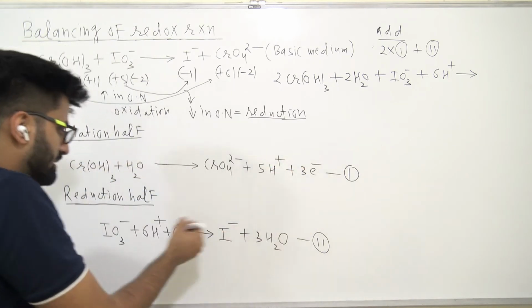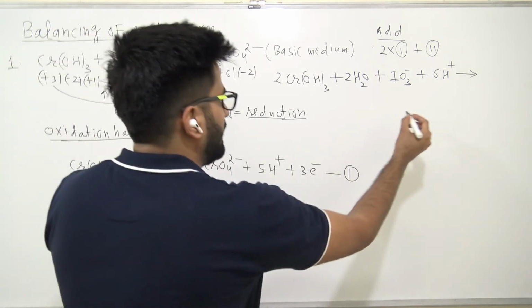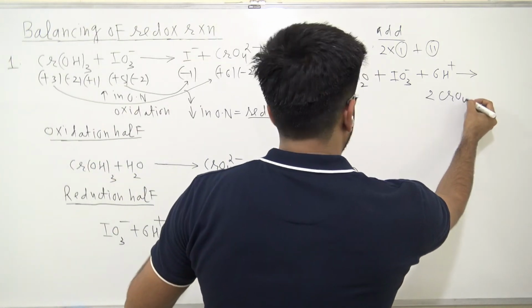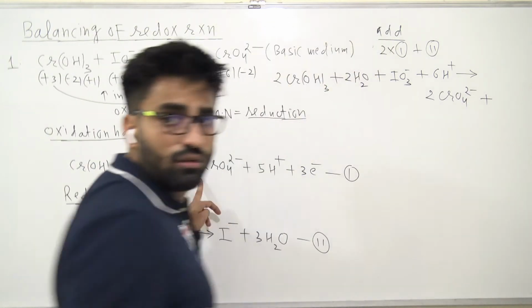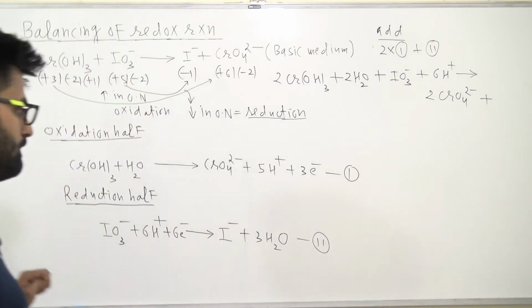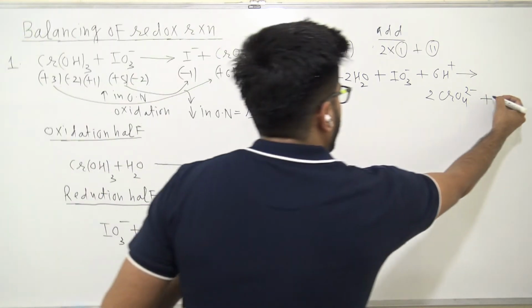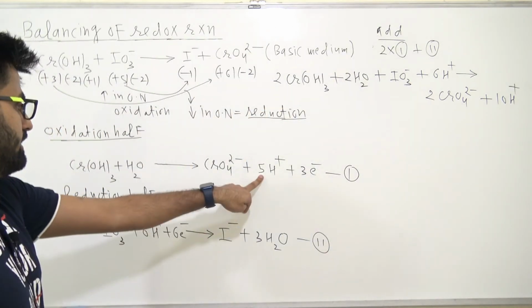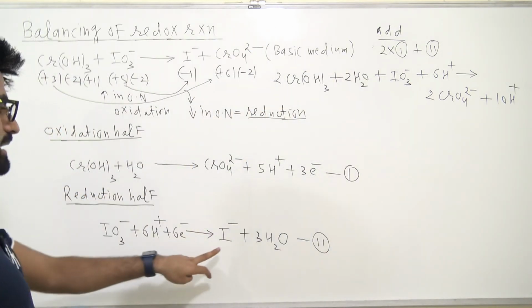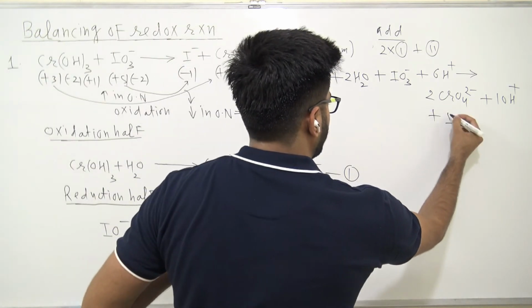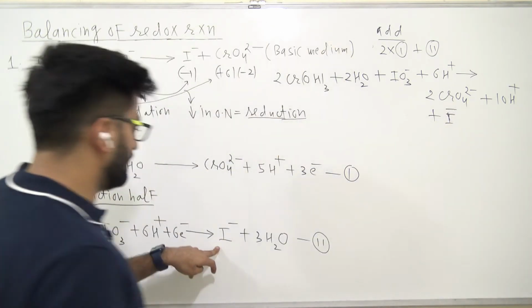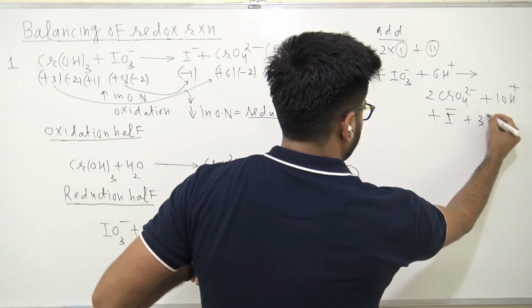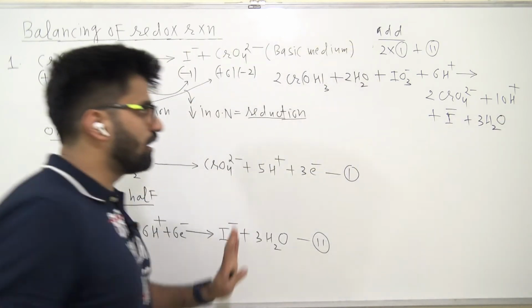That is clear. 6 will get cancelled out. Then what we will get? 2 CrO4 2 minus plus 10H plus, because it gets multiplied, right? 10H plus. And this is I minus plus 3H2O. I got this, right?